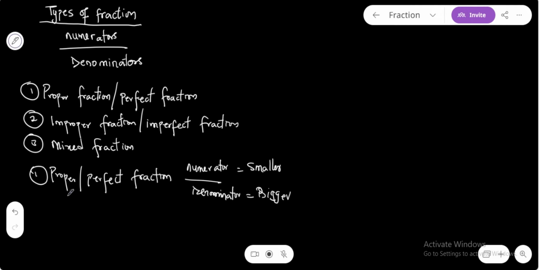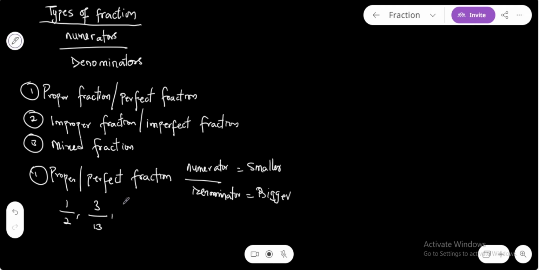So examples of proper fraction: 1/2. The number on top, which is the numerator, is smaller than 2, so 1/2 is a proper fraction. 3/13. Clearly, the number on top is smaller than the number underneath, so 3/13 is a proper fraction.